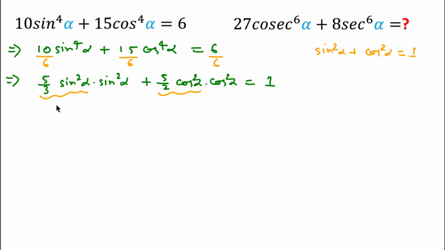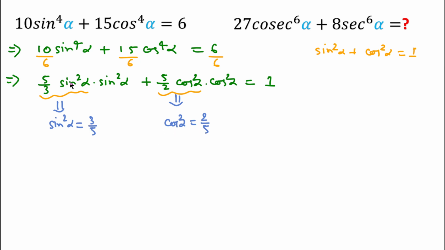So to make this expression a 1, we need to consider sin²α equal to what? 3/5, and cos²α equal to what? 2/5. Why am I saying this?